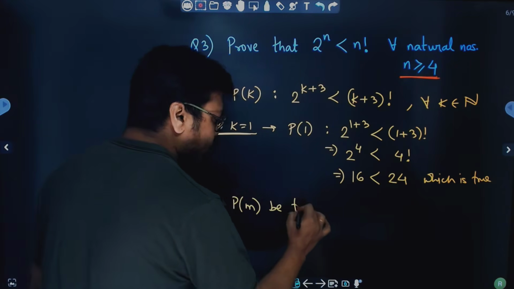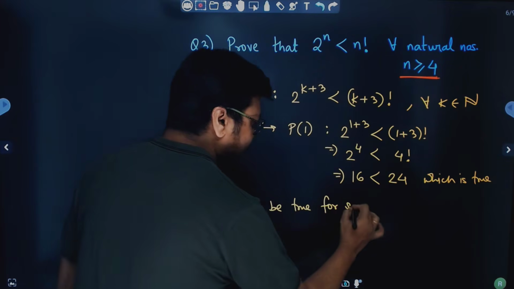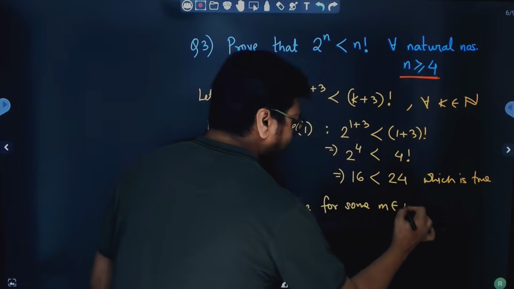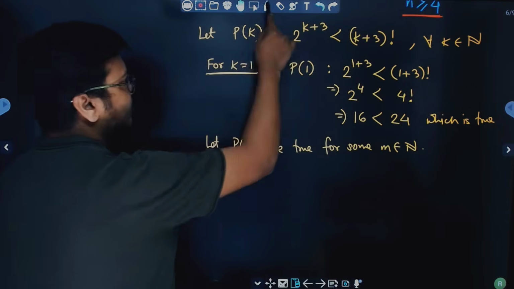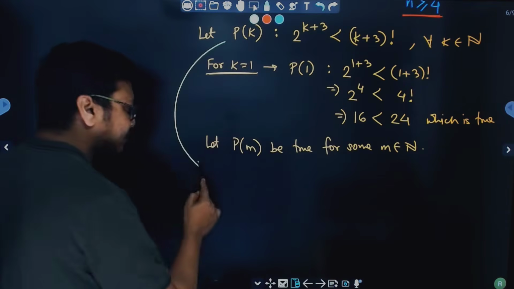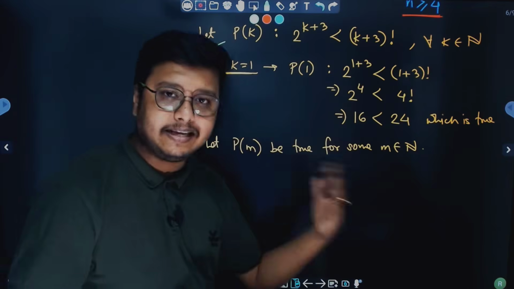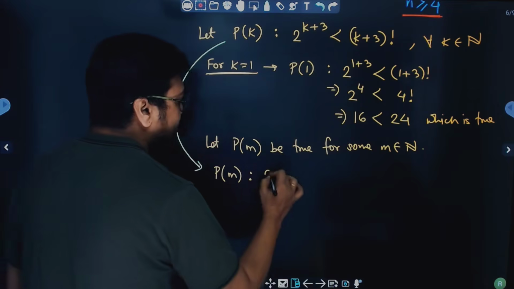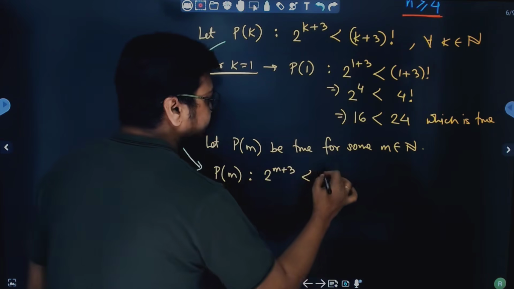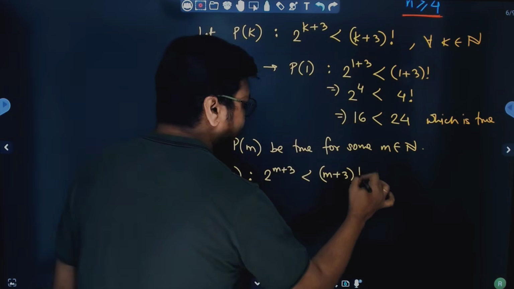So now let Pm be true for some m belonging to natural numbers. I will just write the same statement, but instead of writing k, I'll take m. So my mth statement would be 2 to the power m plus 3 less than m plus 3 factorial.